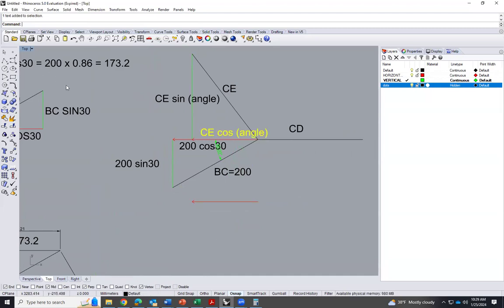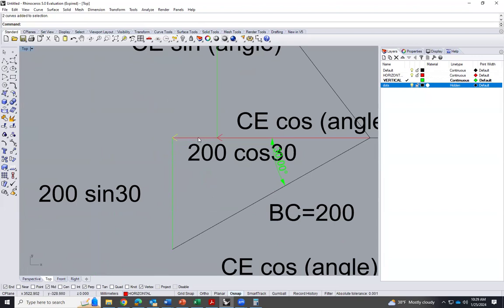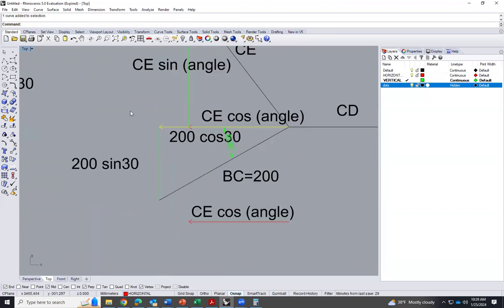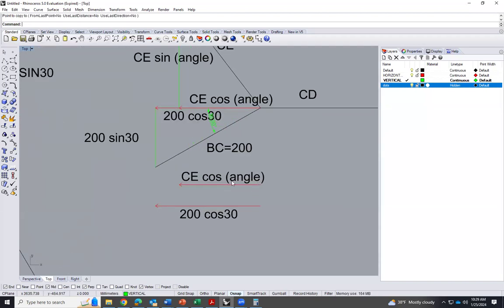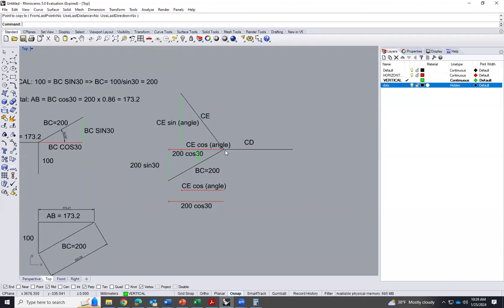That vector is CE cosine of that angle. And then I have another vector like this, which is 200 cosine 30, because this angle is 30. Okay, so these are the two components that are going leftwards. And the only component that is going rightwards is CD, because it's a horizontal force.